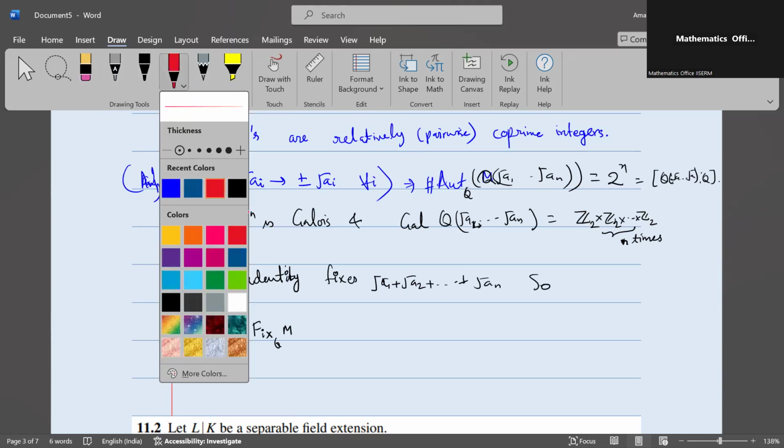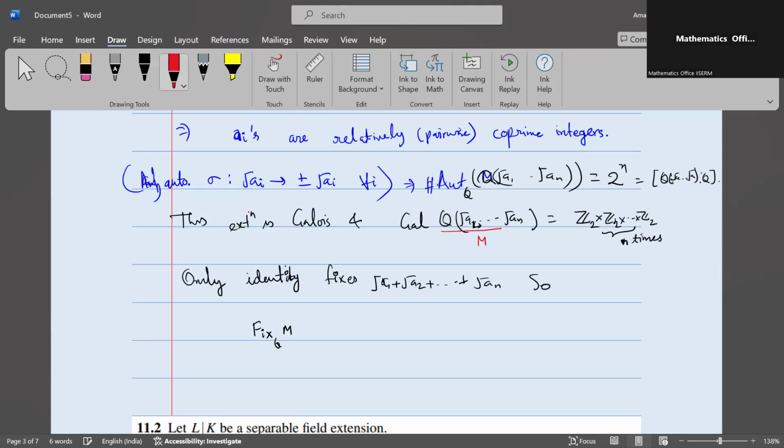Let's say this is your M, and K will be Q(root A1 plus ... plus root AN).